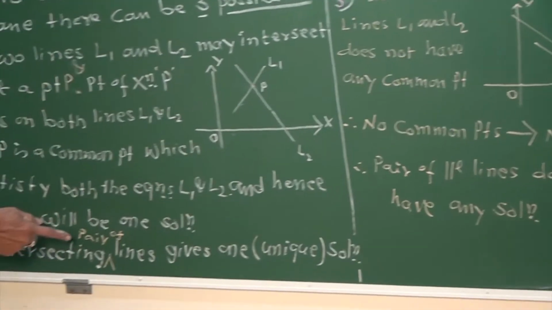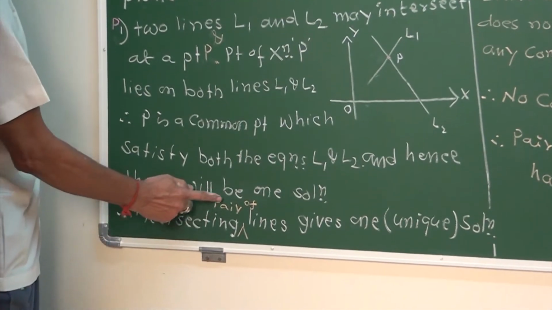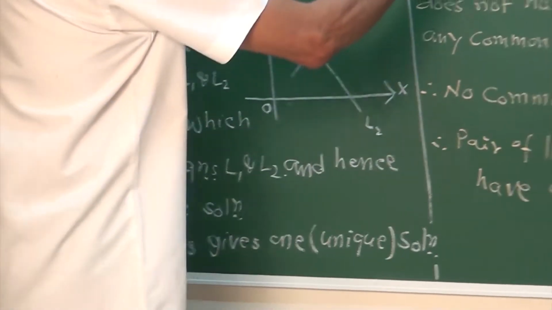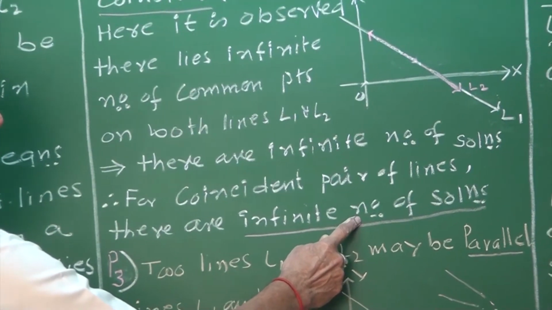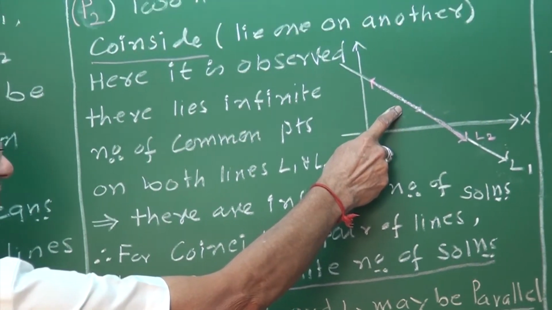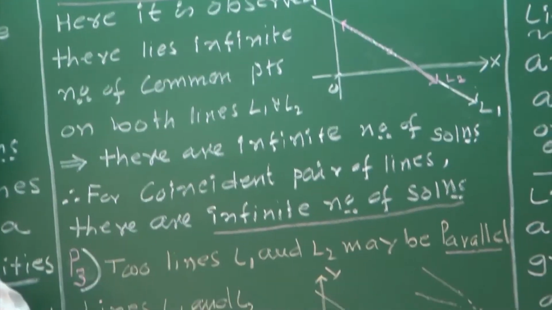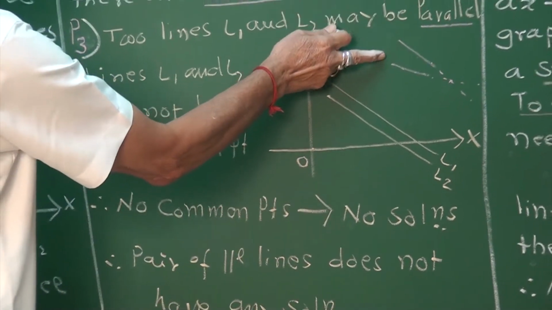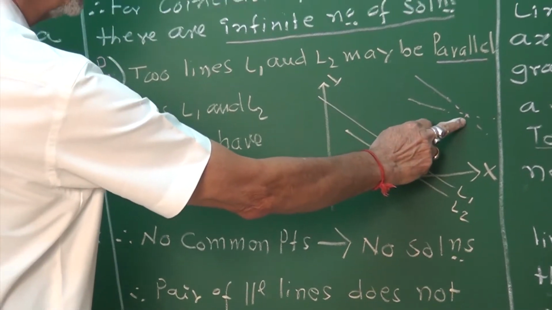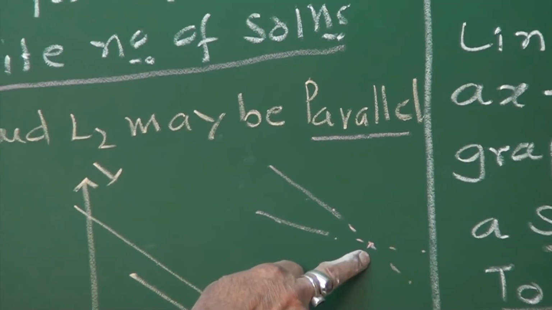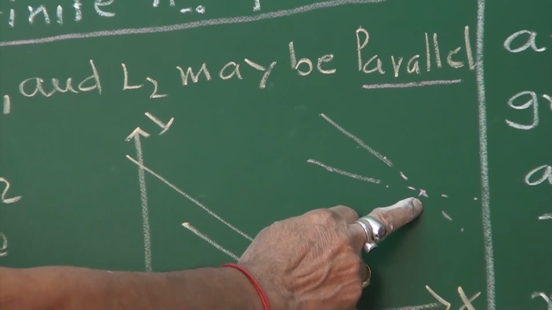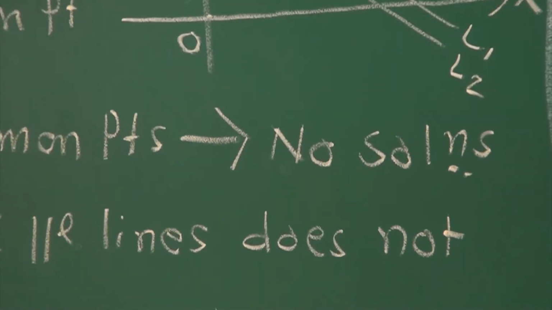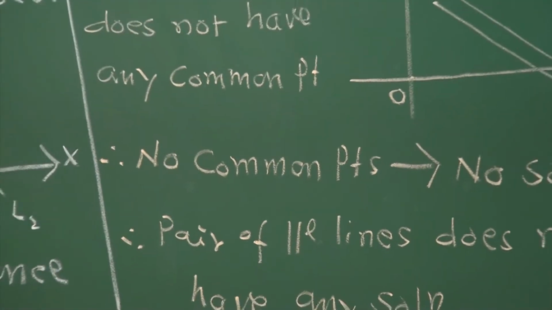One, intersecting type: a pair of intersecting lines has a unique solution. Coincident pair of lines have an infinite number of solutions because they have an infinite number of common points. Parallel lines don't have any common point, so no solution. Not parallel, there exists only one solution. Parallel, no solution.